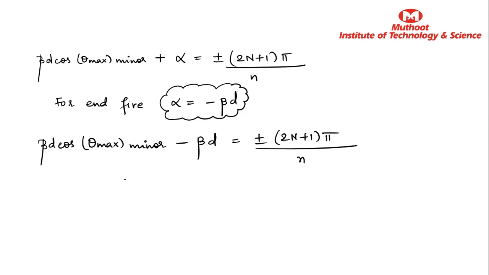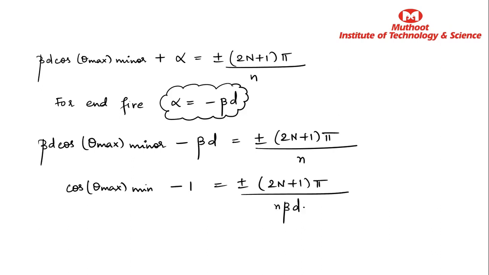Now I'm doing some shifting here. Beta d is common, so that beta d will come down. I will get cos of theta max of minor minus 1 is equal to plus or minus 2N plus 1 pi upon n beta d. So what is the direction of the maximum radiation of this minor lobe?